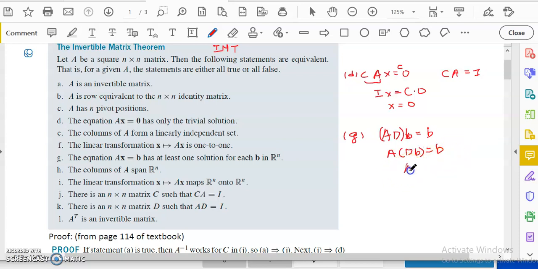So that means if I have an equation that I want to solve, there is at least one solution, x is equal to D times b, right? So at least we have one. Maybe we have more. We don't know. So that's one loop.